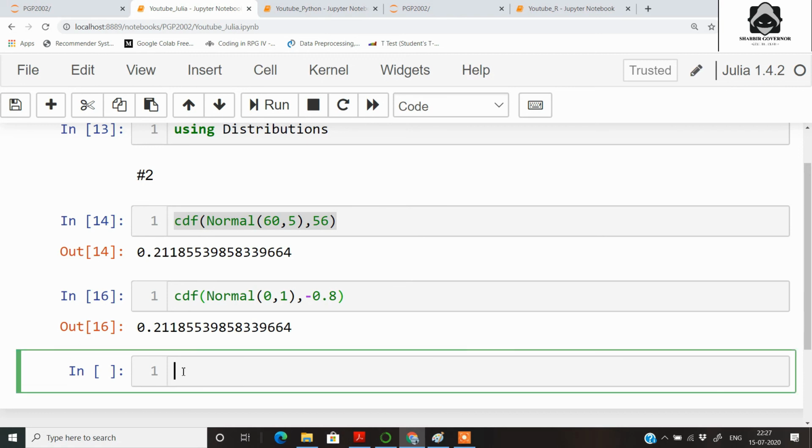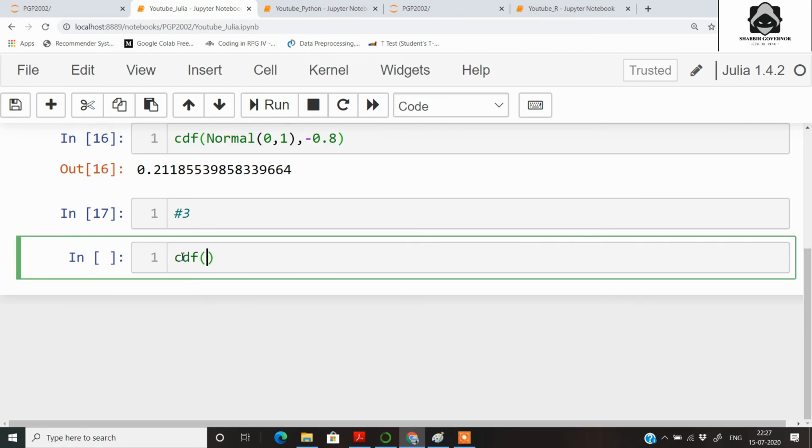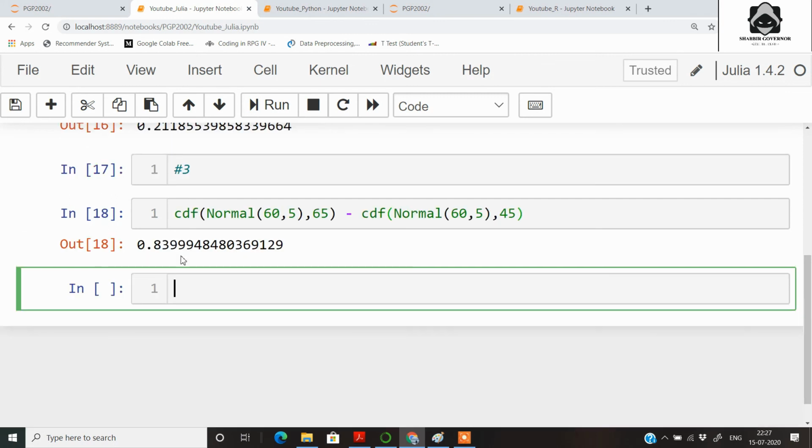Now question number 3, for that again we have the CDF of a normal distribution with 60 as the mean, 5 as the standard deviation, and 65 was the point, minus CDF of a normal distribution 60, 5, 45, and when we run it, we get 0.899.